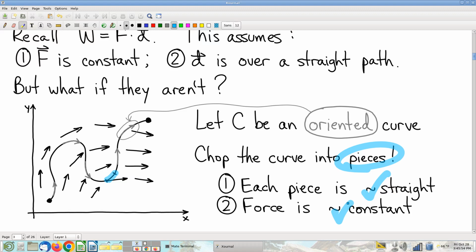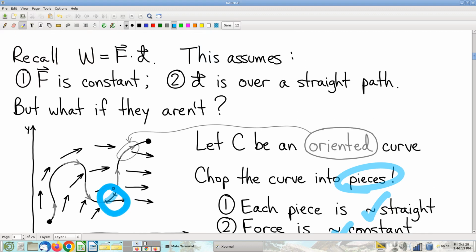Again, not exactly constant, but it's such a small little piece of curve, there's just not much distance over which the force has a chance to really change very much. So we have approximately straight pieces of curve over which we're applying approximately constant forces. And so on these little pieces, I can say force dot displacement. And then we'll just add up over the entire curve. Details to follow. More details to be written down. Does that make sense to everybody? All right.